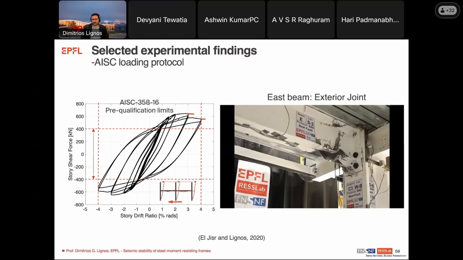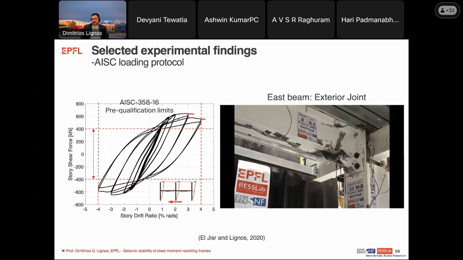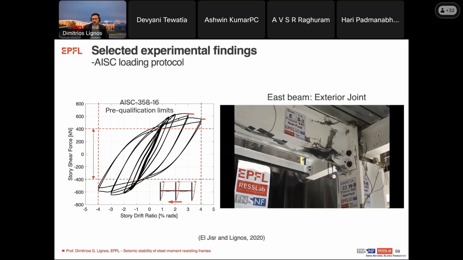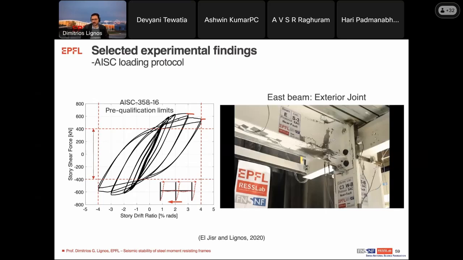Near the dissipative zone, although we leverage the composite action, you see that the dissipative zone behaves exactly as anticipated, where you have plastic hinging near the bottom flange and no indication of other failure mechanisms that could be potentially attributed to the slab, which is good.